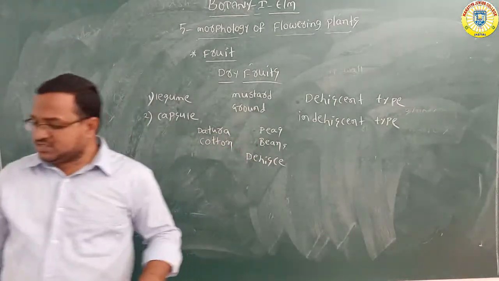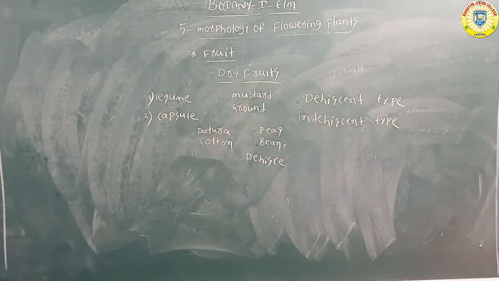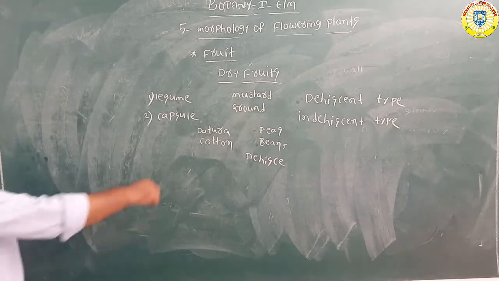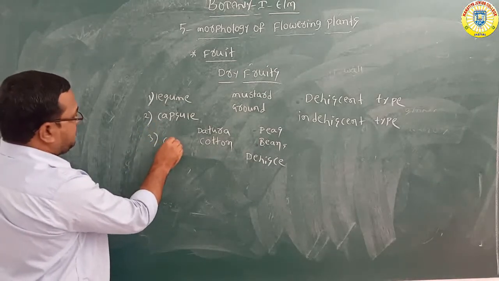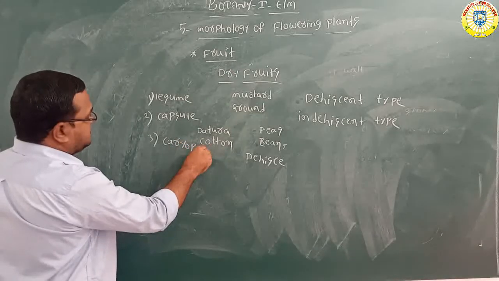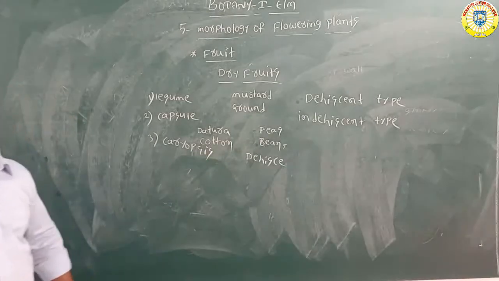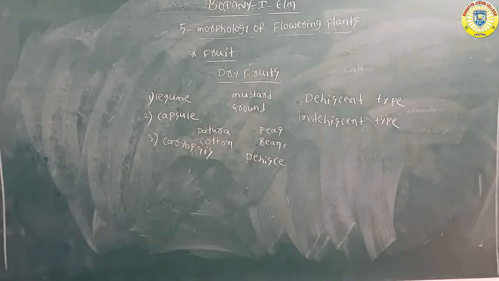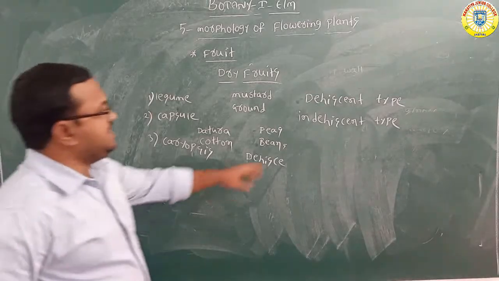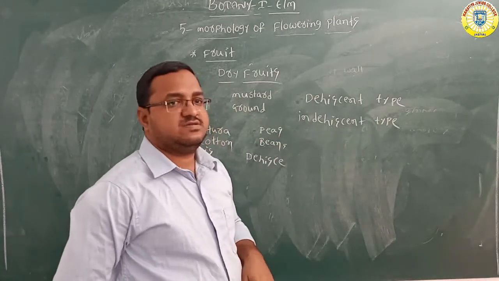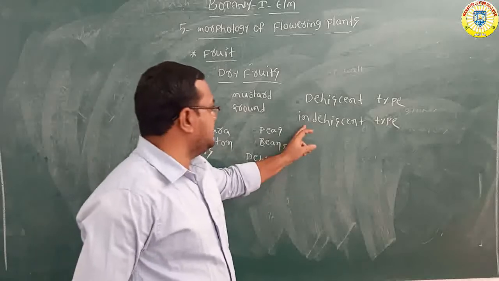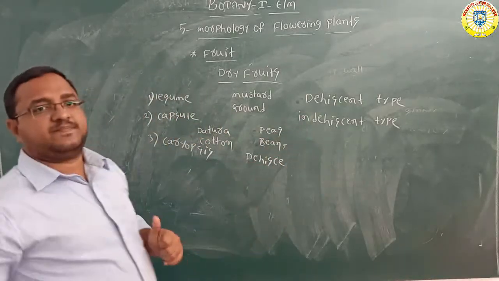Okay, next, the third one, caryopsis. Especially you can see it in grass plants, best seen in paddy. They are single seeded, dry indehiscent fruits, which means they do not break up.